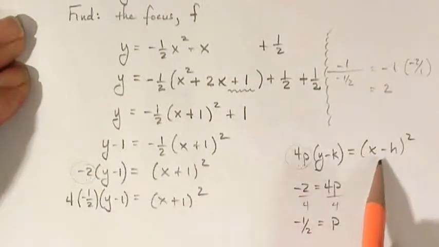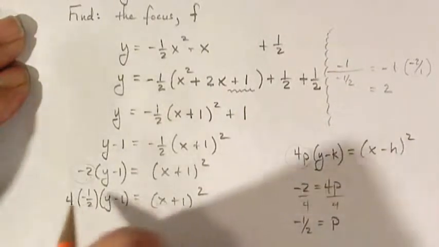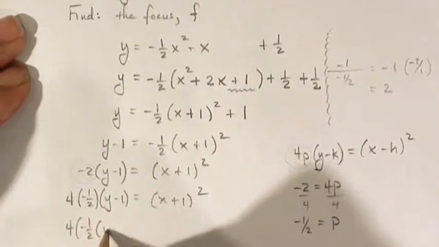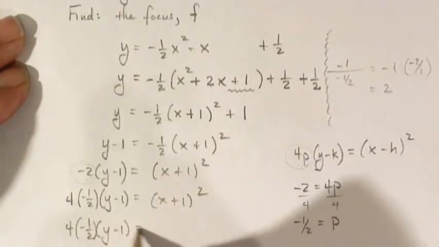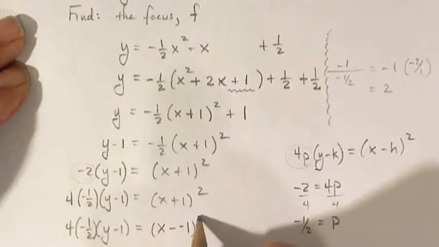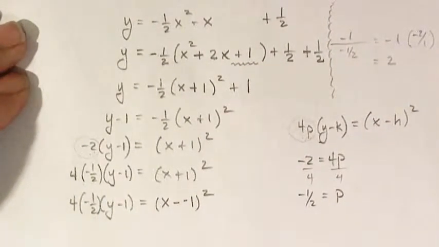This plus is supposed to be a minus. So to make this thing perfect, I'm going to change this to 4 times negative 1/2 times y minus 1 equals x minus negative 1 squared. Wow, that was a lot of work.